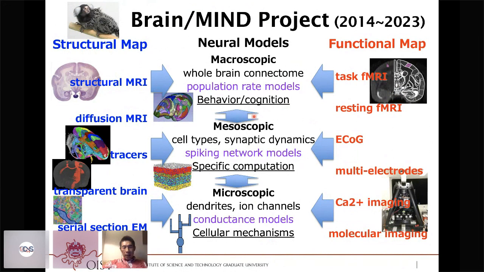Ideally, these models at different levels should be constrained with each other. Today, we are going to talk about some of our work trying to combine the diffusion MRI data with the neural tracer data, and also diffusion MRI data with the functional MRI data and the electrocorticogram data.